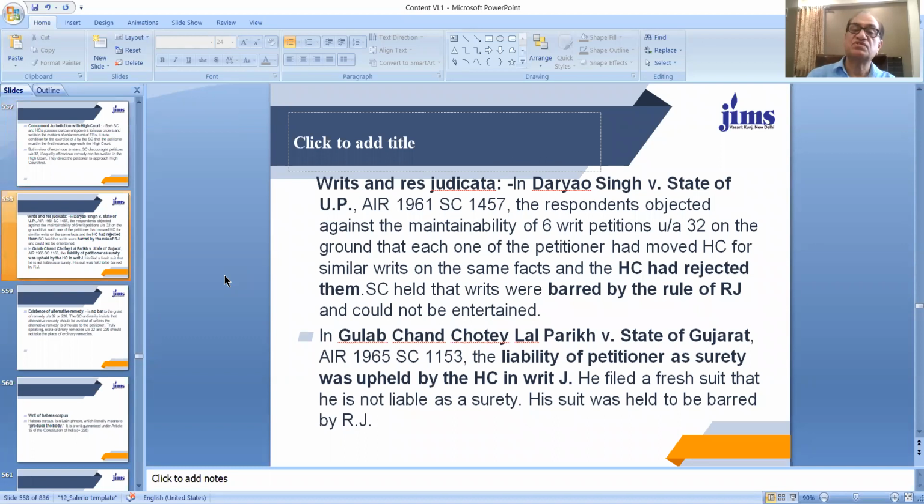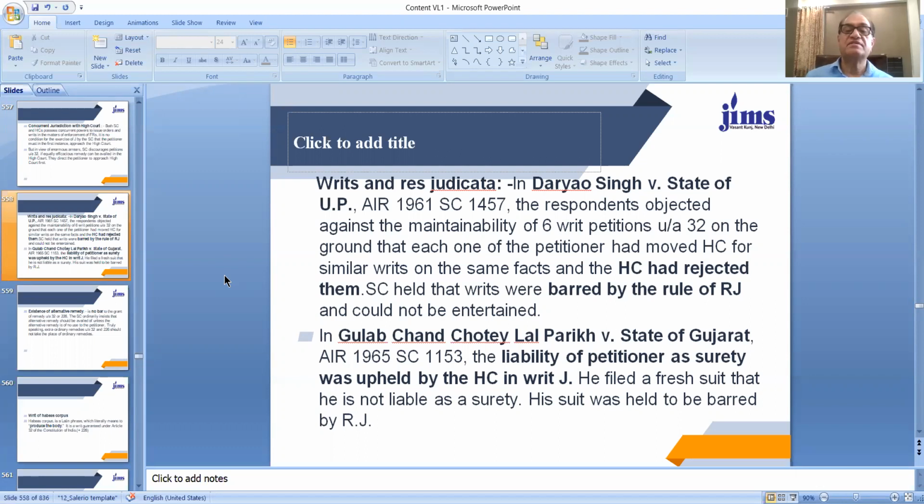And the findings in a writ are always subject to the doctrine of res judicata. We have two leading cases, Daryao Singh versus State of UP and Gulab Chand Chote Lal Parikh versus State of Gujarat. What happened in Daryao Singh's case?